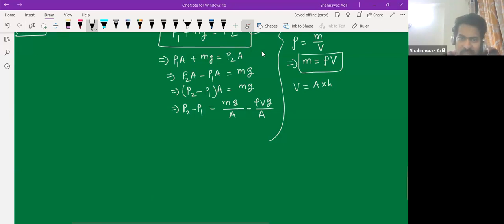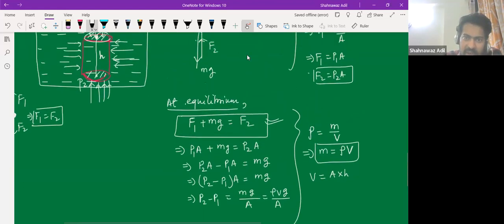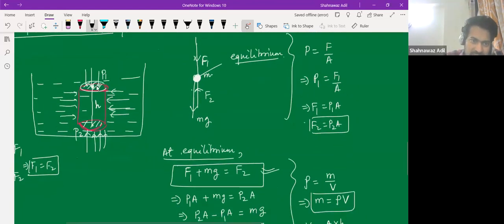As I was telling, at equilibrium these forces will cancel each other out. This thing had three forces. One was the downward force due to pressure P1. The other was the upward force due to pressure P2, and then the downward force due to gravity.